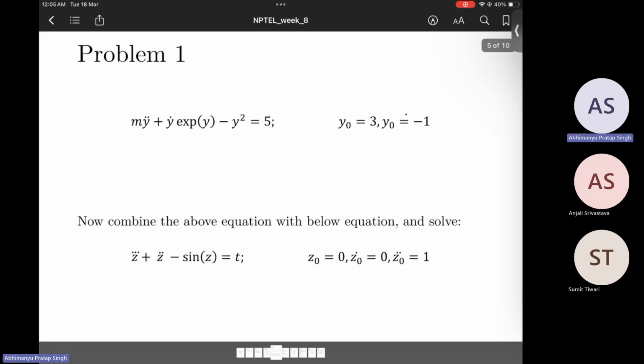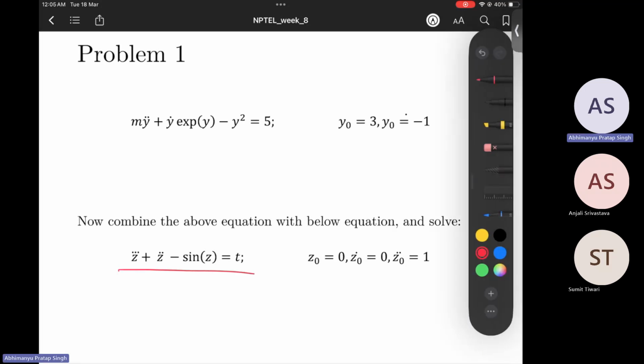This one I will just show you and then you can solve the rest. So we have z triple dot plus z double dot minus sine z is equal to t.